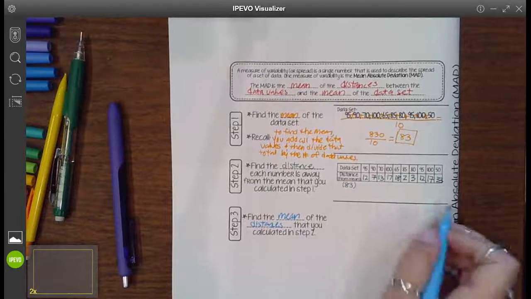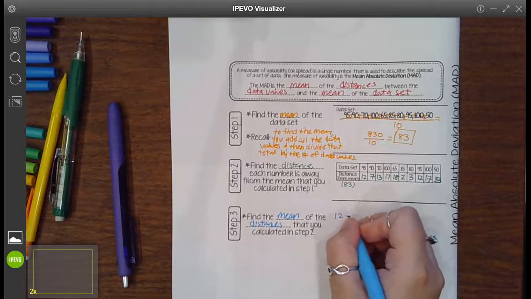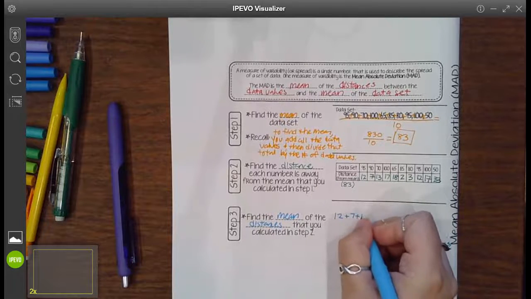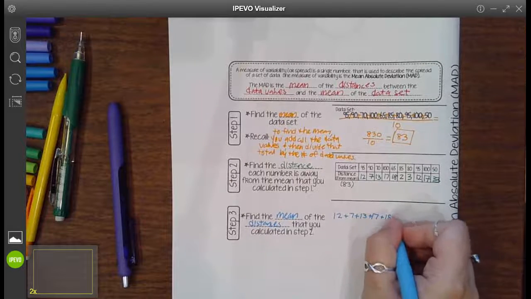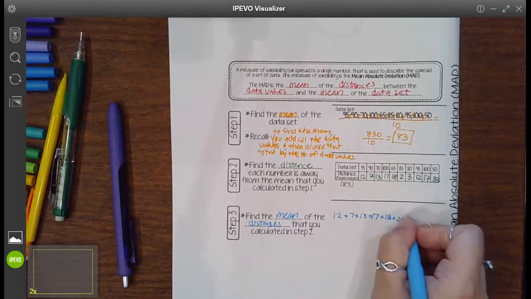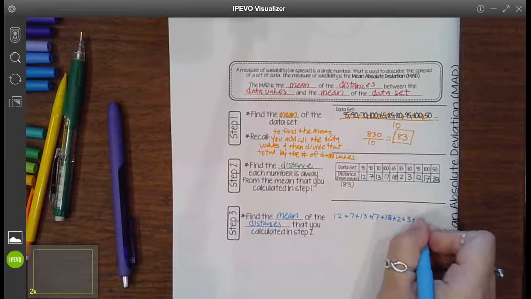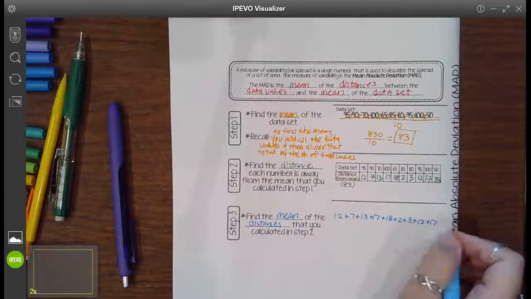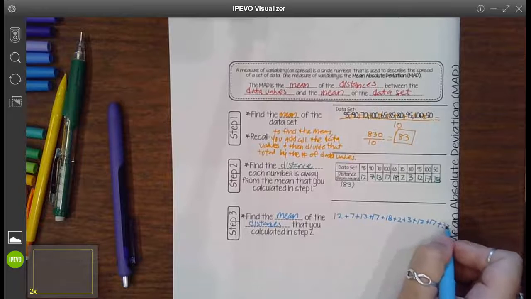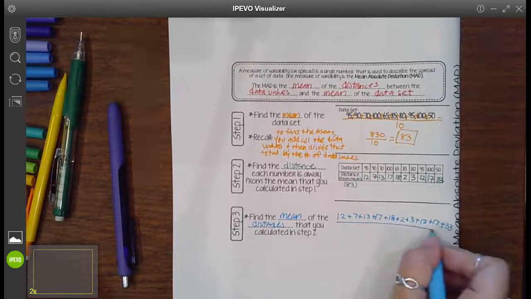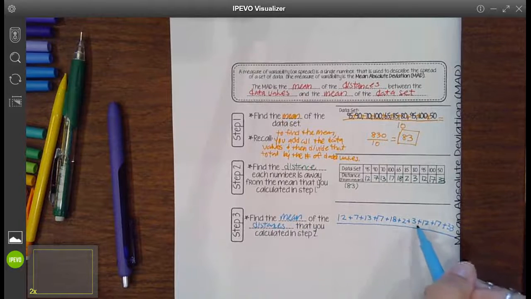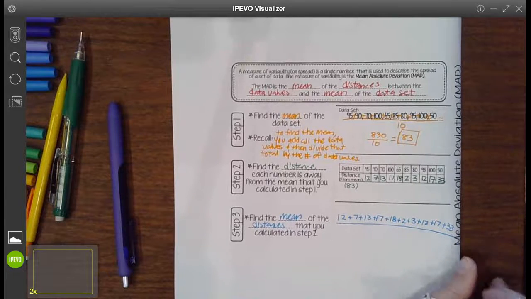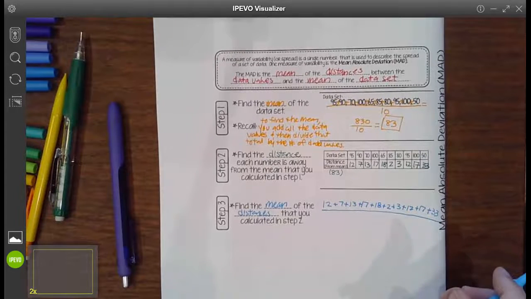All those distances were 12, 7, 13, 17, 18, 2, 3, 12, 17, and 33. There should be 10 numbers because there were 10 numbers in the data set, so there should be 10 distances. 1, 2, 3, 4, 5, 6, 7, 8, 9, 10. I know that seems lame to double check and count them, but you would hate if you did all this work and you forgot one.